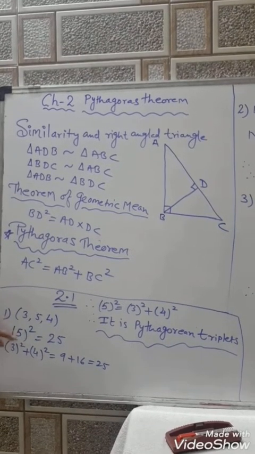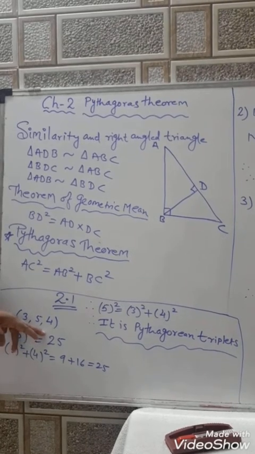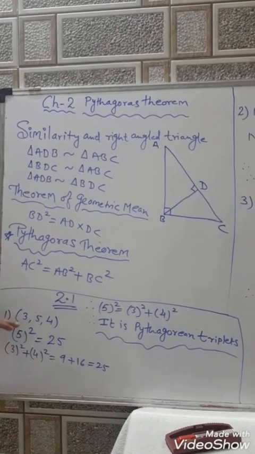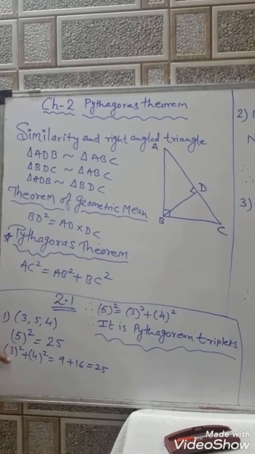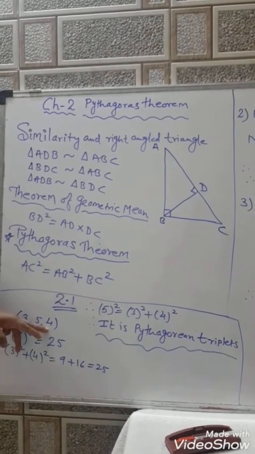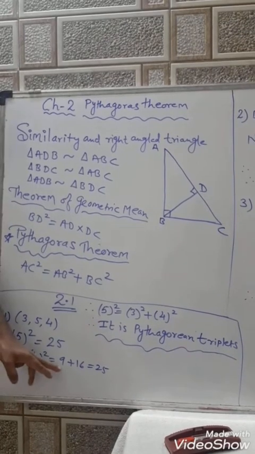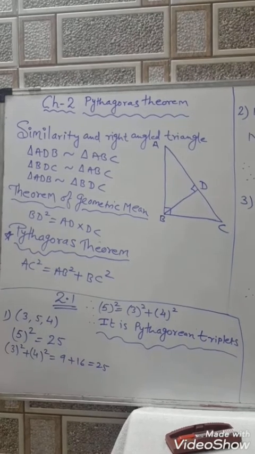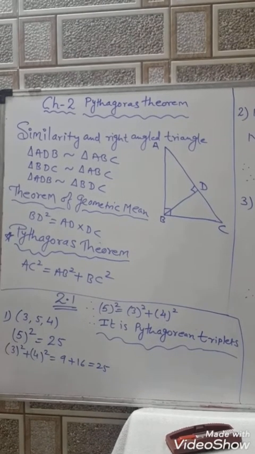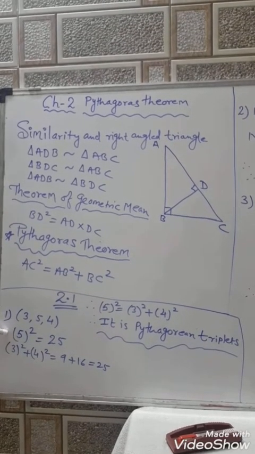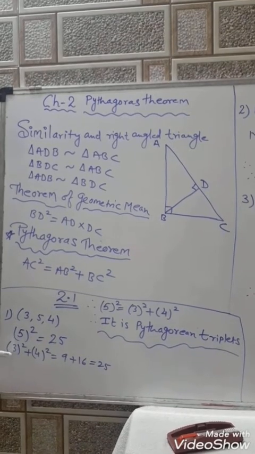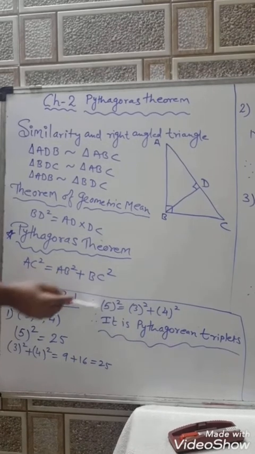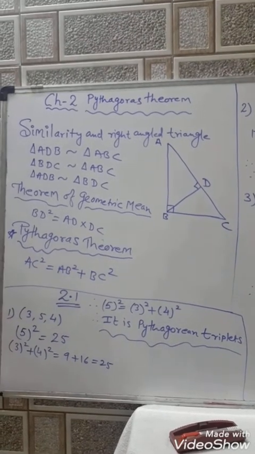So 5 square is 25. Then add the squares of the two smaller sides, that is 3 square plus 4 square. 3 square is 9, 4 square is 16. 9 plus 16 you get 25. So the square of the greatest side equals the sum of the squares of the smaller sides. So they are equal, so it is a Pythagorean triplet.